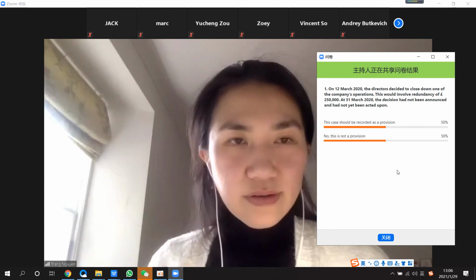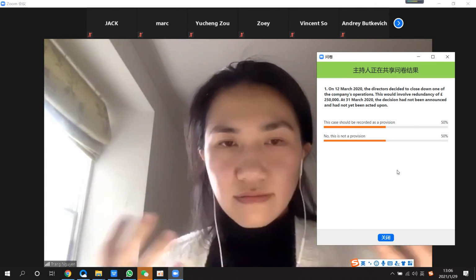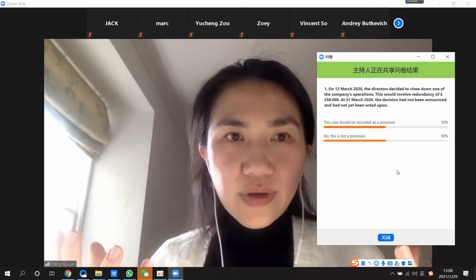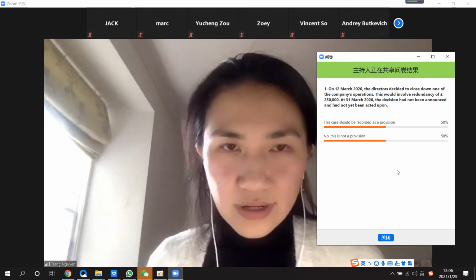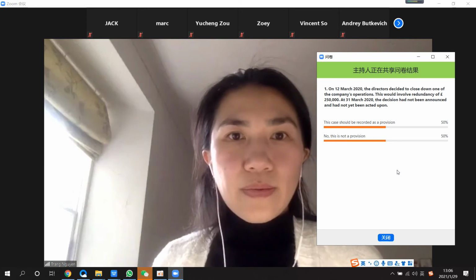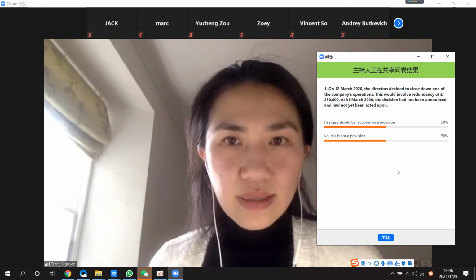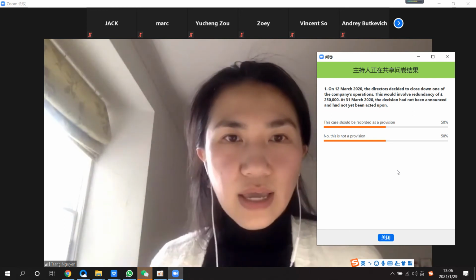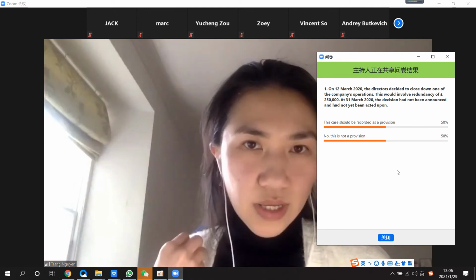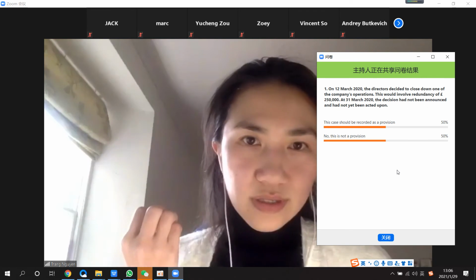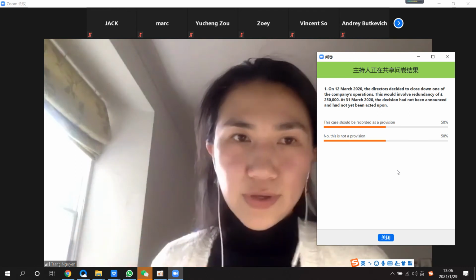Although we see the amount there, the starting point is that it's not at the moment. It has not happened yet. They haven't announced anything yet. And when they haven't announced and haven't acted, it means that they can withdraw the decision. And when they can withdraw the decision, there is no provision.